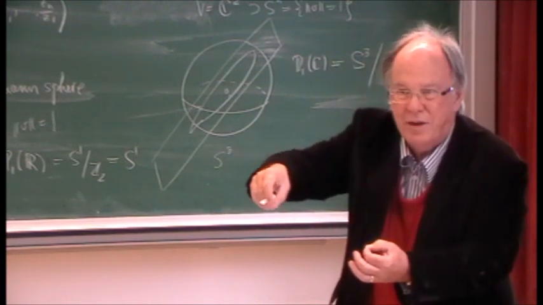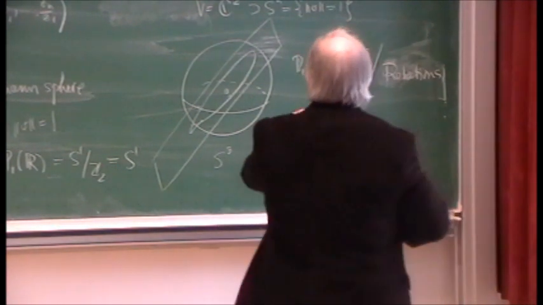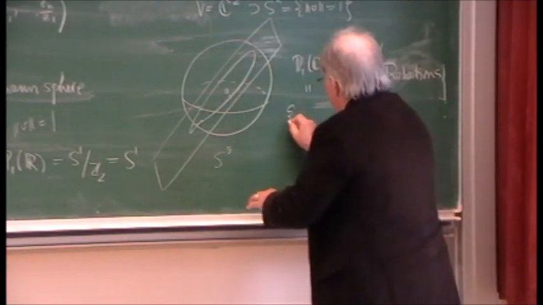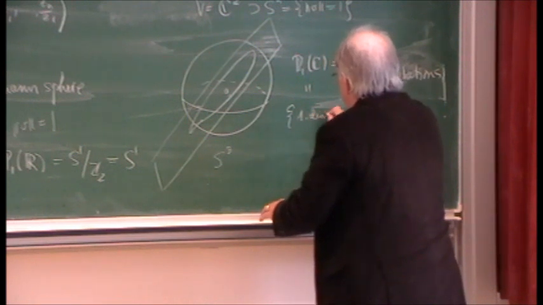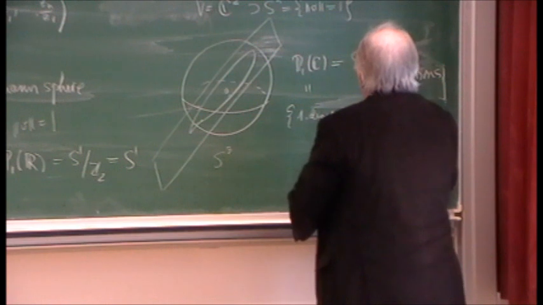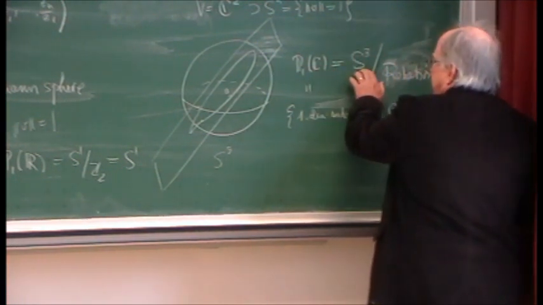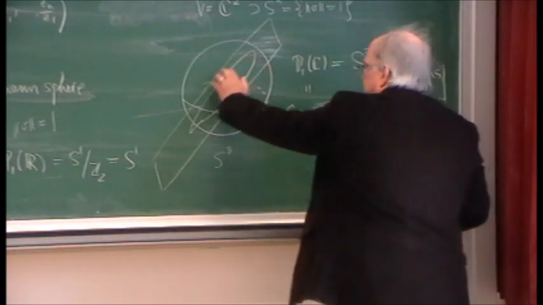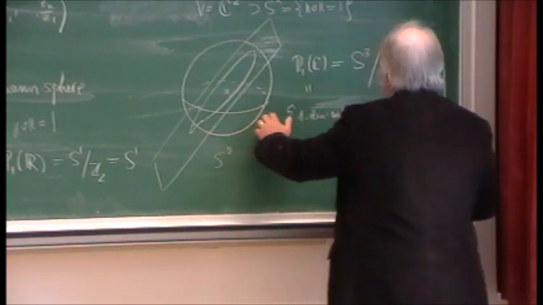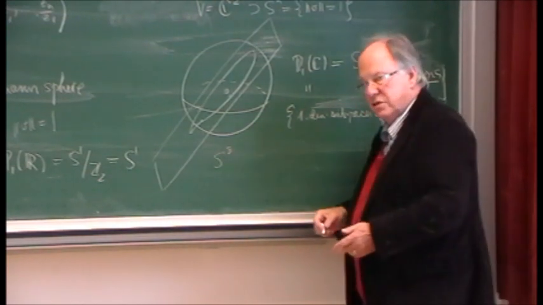So P1C is the set of one-dimensional subspaces of C2, and each subspace intersects the sphere in a circle, so you have to mod out by the circle, which is just modding out by the group of rotations.